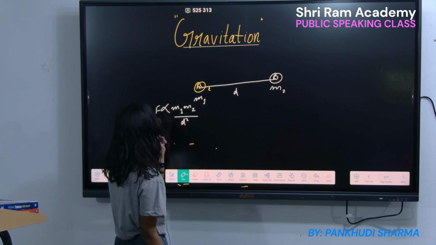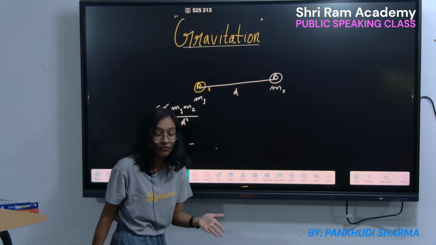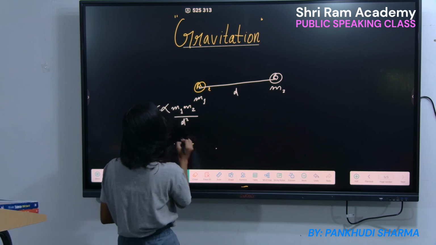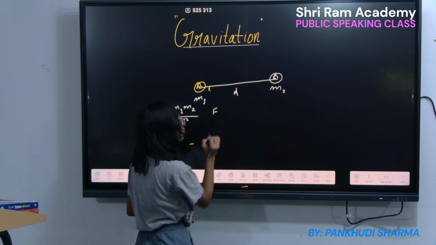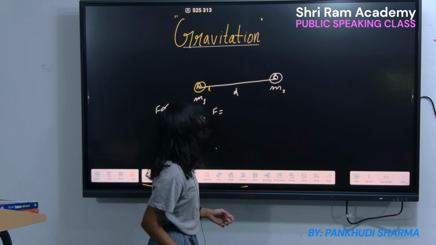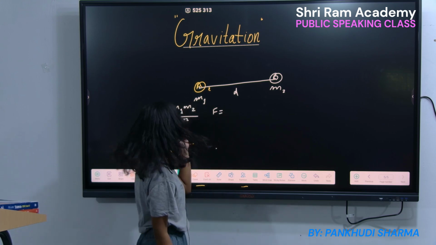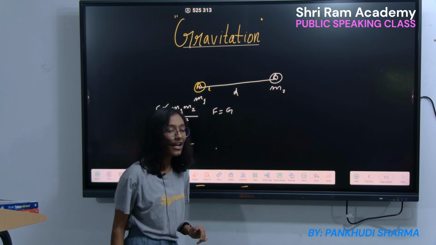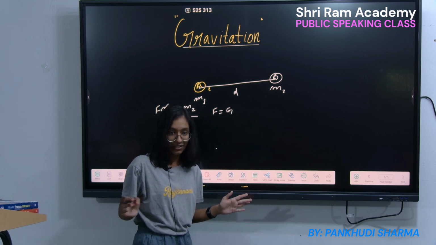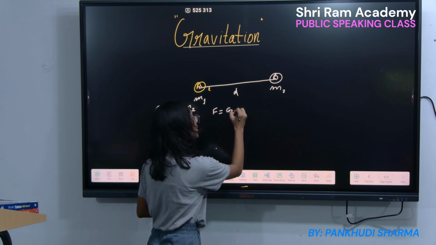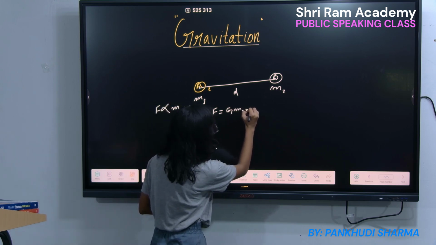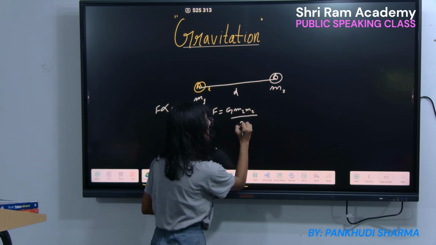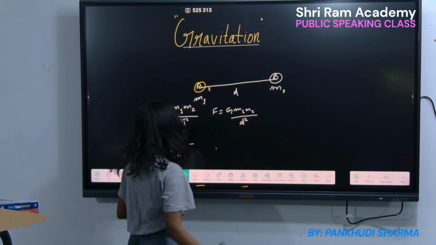Right. So to use this in calculations, we have to form it as an equation. We'll remove this proportion sign and put an equal to, and we'll use a constant instead of the proportion sign. That constant is capital G, known as the universal gravitational constant, which is multiplied with the masses of the objects and divided by distance square.